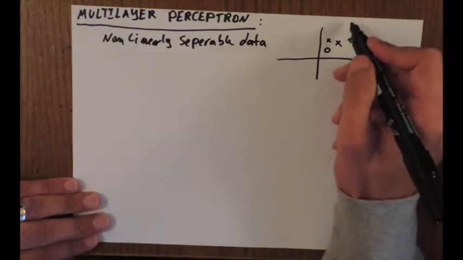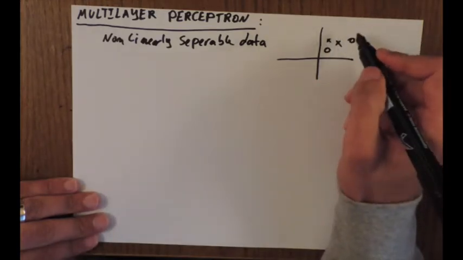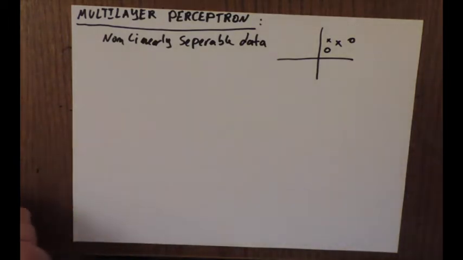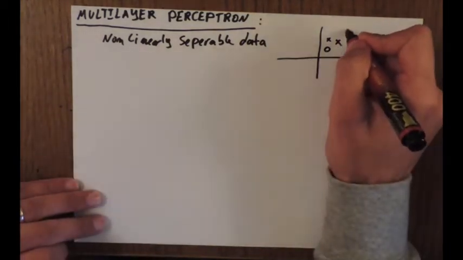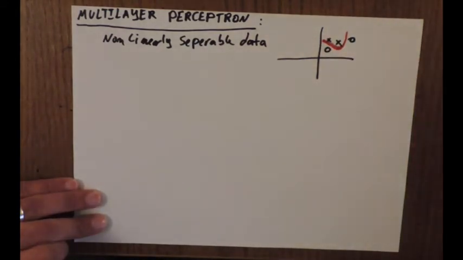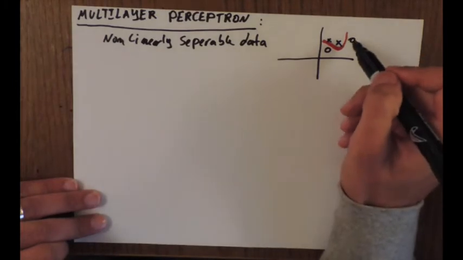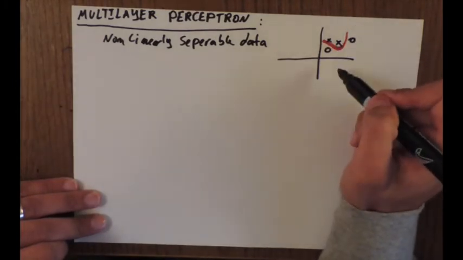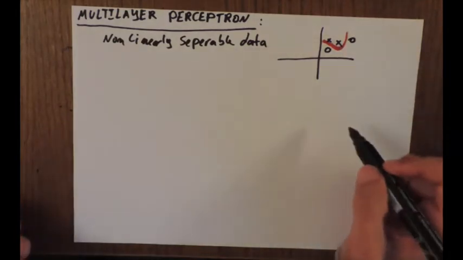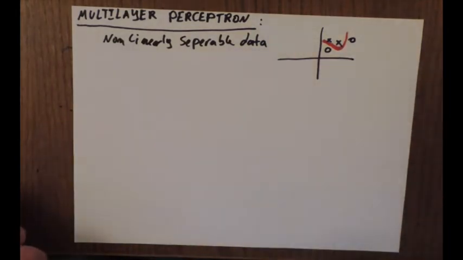We cannot draw a line between those two. We need some nonlinear function to separate those data altogether, because if you draw any line, it will hit one of these two categories.